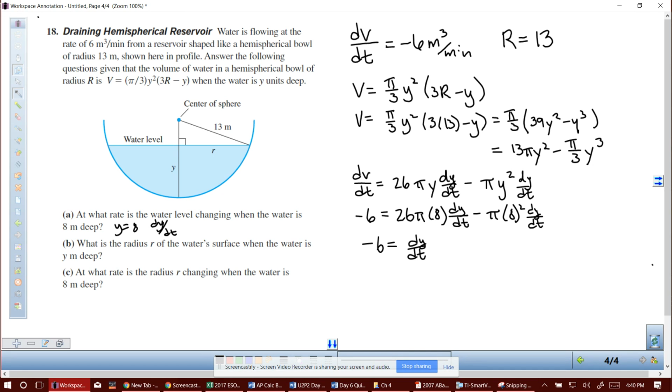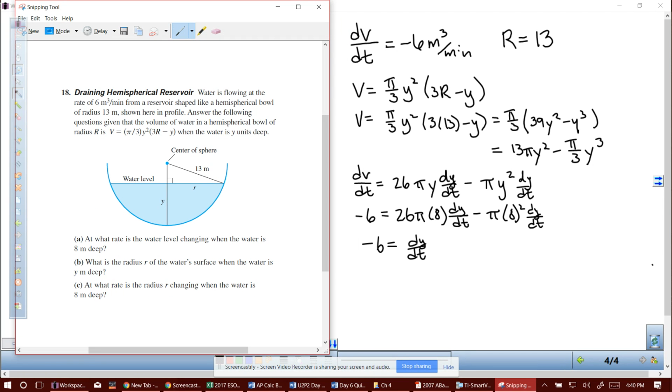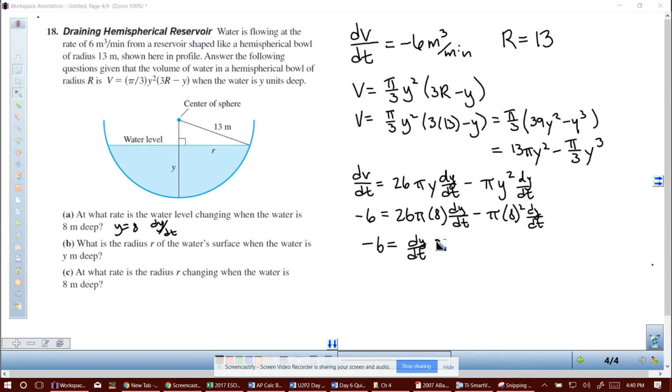Then I had 26 times 8 minus 64, and that was 144 pi. So dy/dt was negative 6 over 144 pi, and that definitely reduces to negative 1 over 24 pi meters per minute.